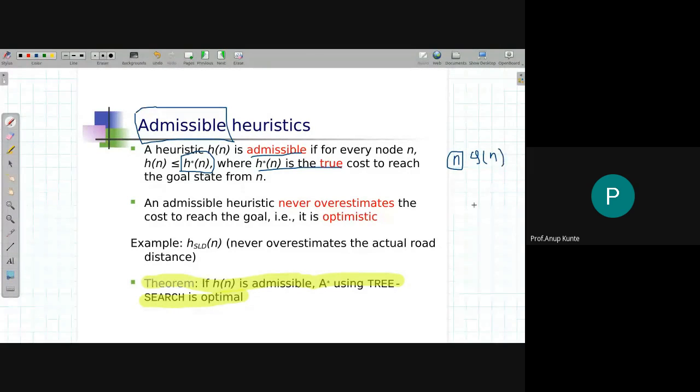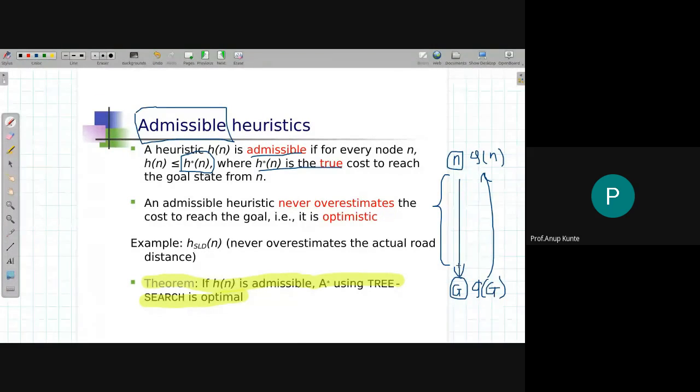When I reach the goal node with some particular path, capital G of capital G will be the cost that I incur to reach the goal node. Now, if I subtract g of n from it, the value that I get is going to be the path cost for this path.